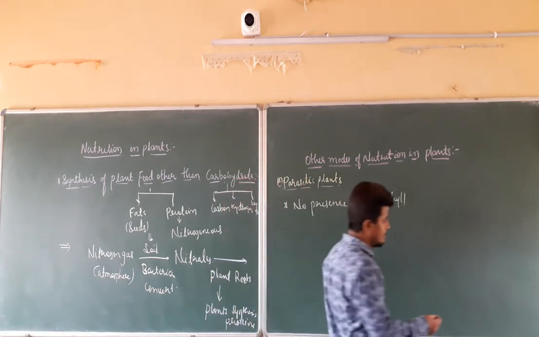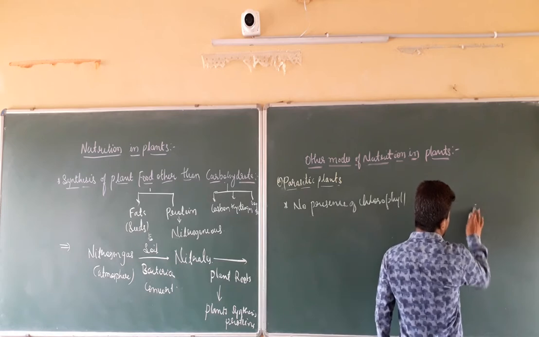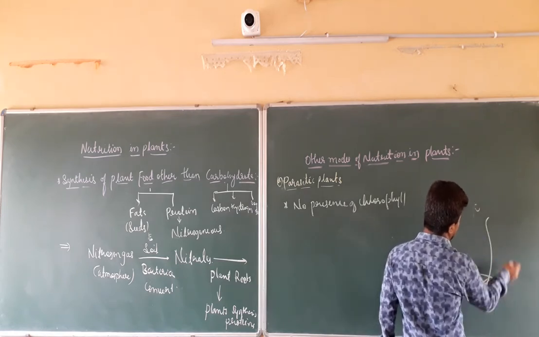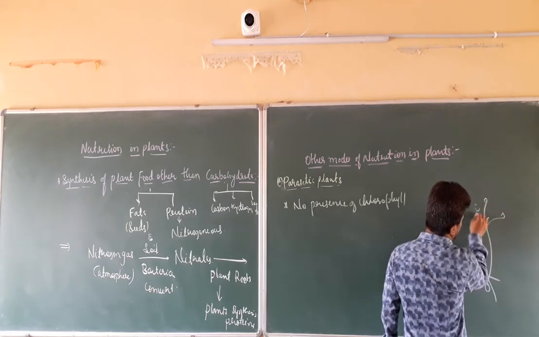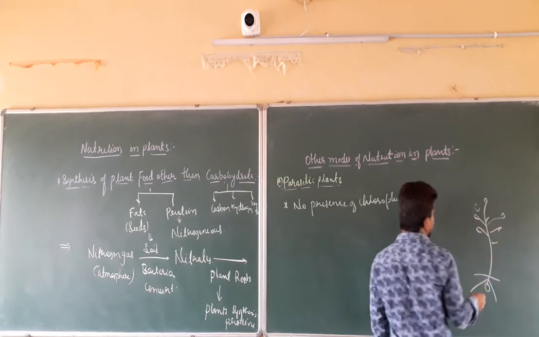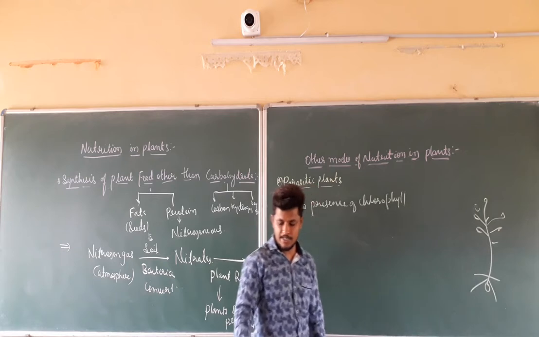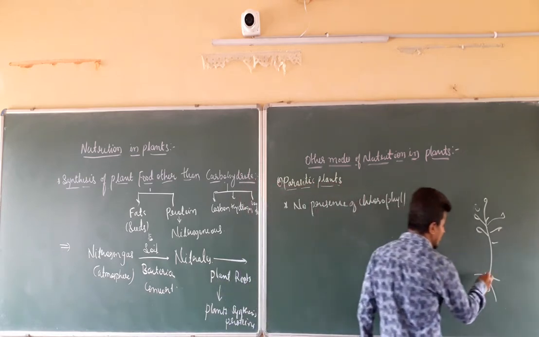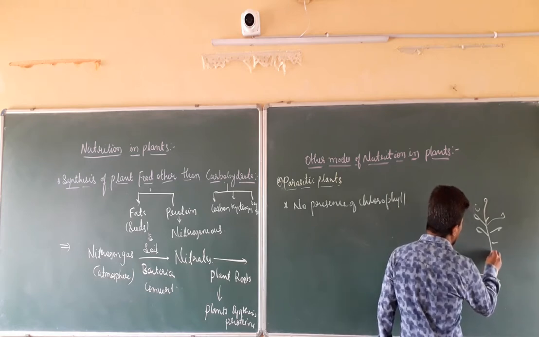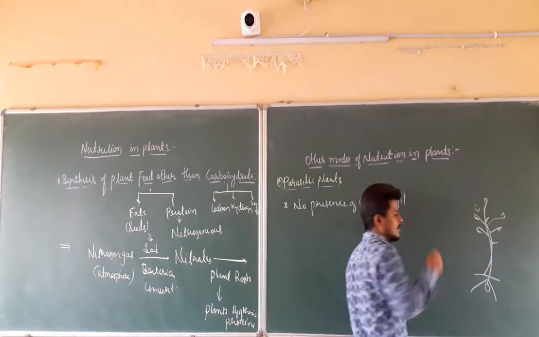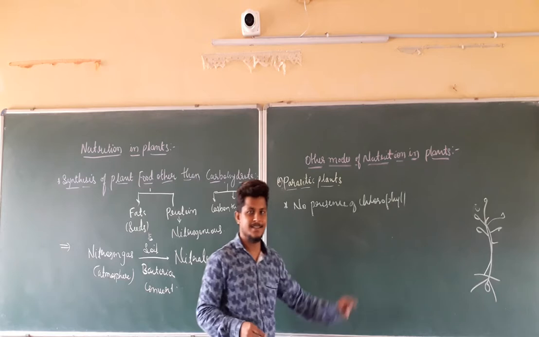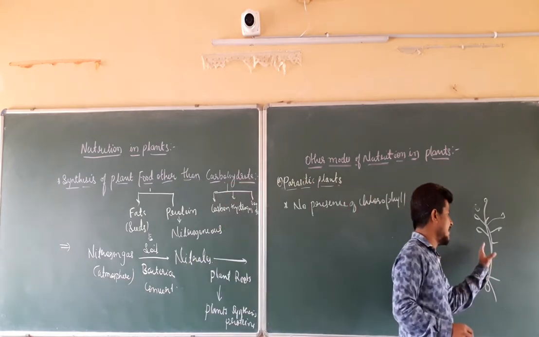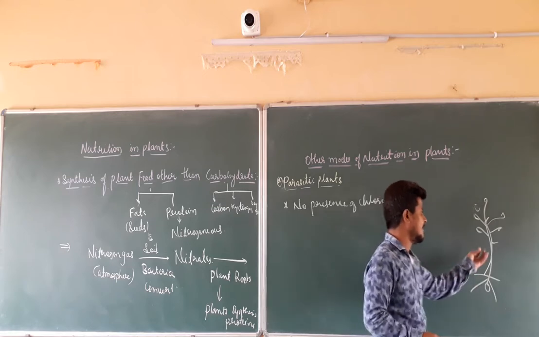If this is a plant which is grown here, like this, on this plant these parasitic plants are going to be dependent. So the parasitic plants are going to grow along with these plants, and by using these plants they are going to satisfy their nutrition requirement.